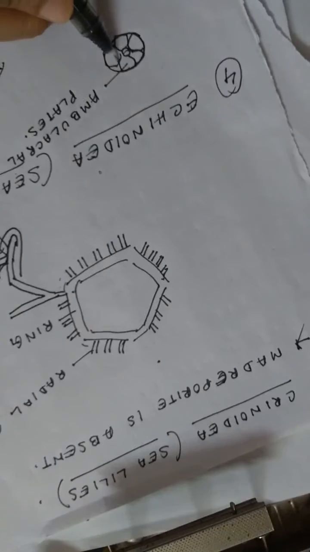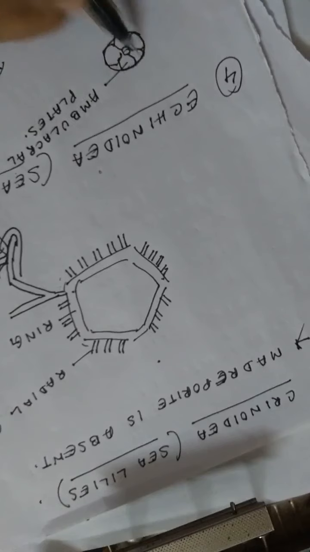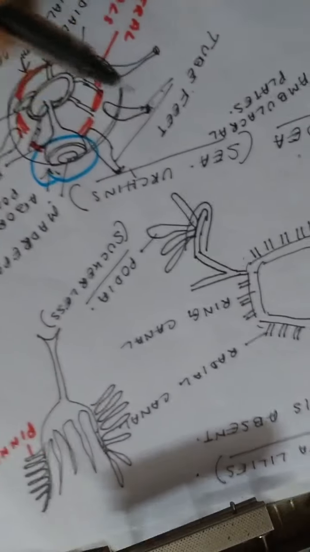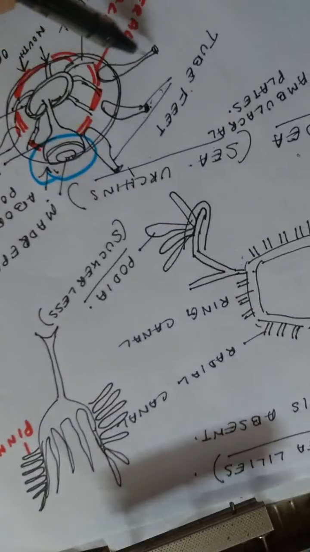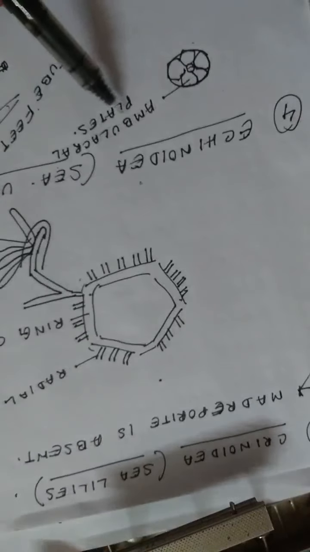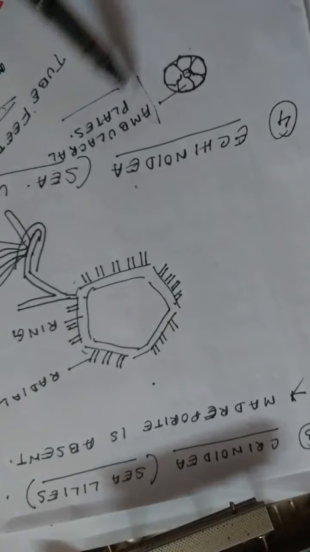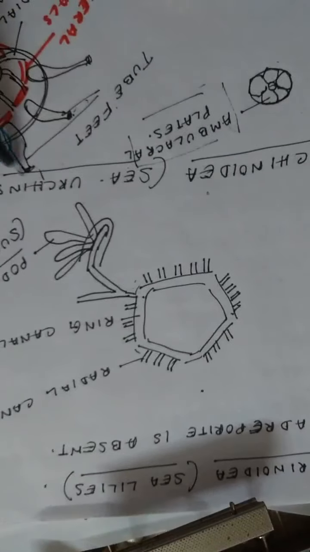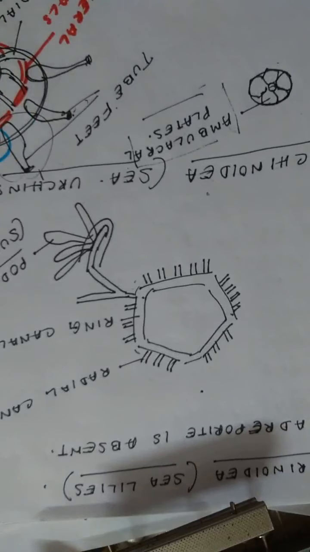Through these plates, the podia generally pass to the outside. So basically each of the tube feet which opens aborally is covered with these ambulacral plates. Okay, it gives the podia permission to communicate with the outside.